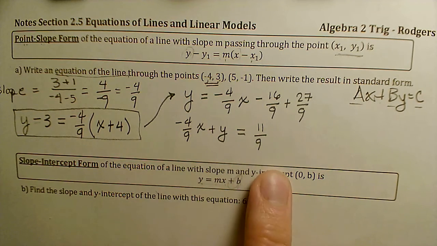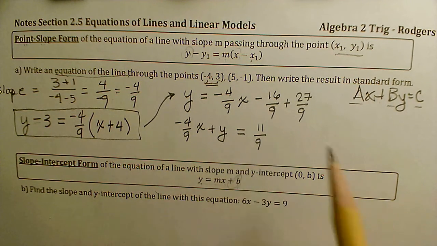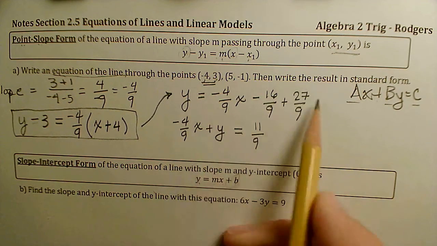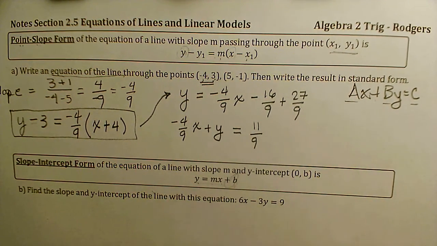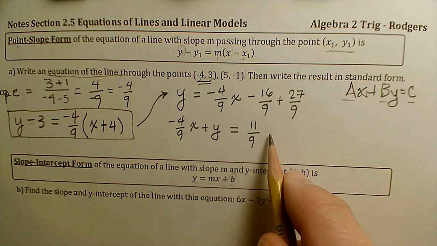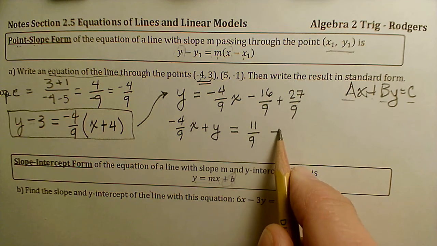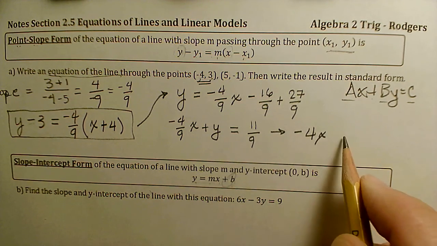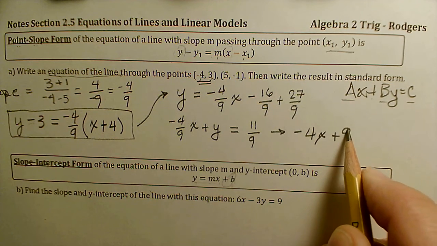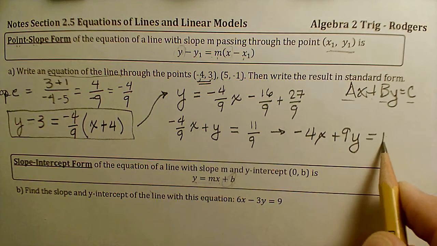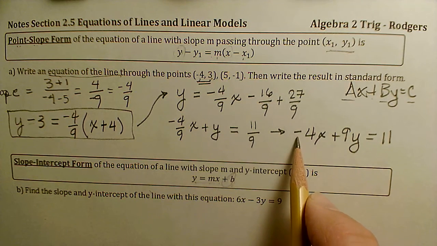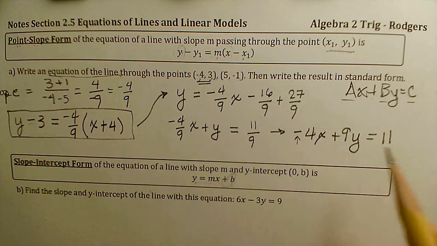So I'm going to multiply through by 9. We could have done that up above to get rid of the fractions, but one way or another, we want to get rid of those. So when I multiply through by 9, that gives me negative 4x plus 9y equals 11. All right. And I know some people have probably been told in standard form, don't start with a negative. You can.